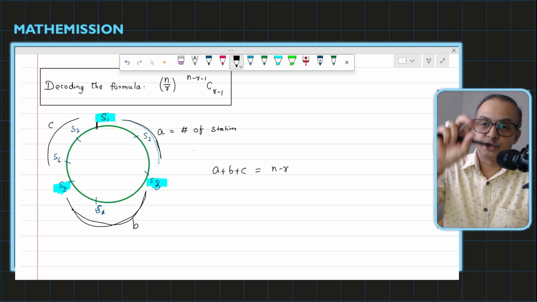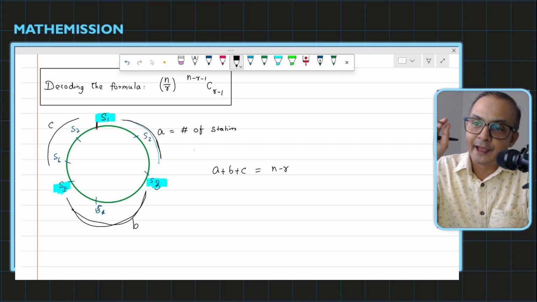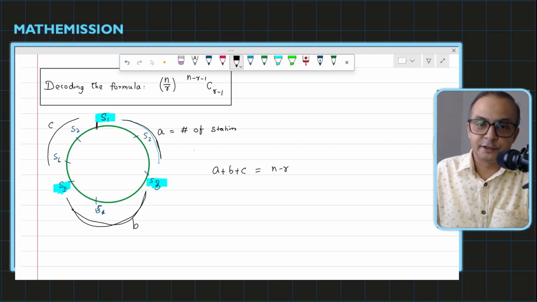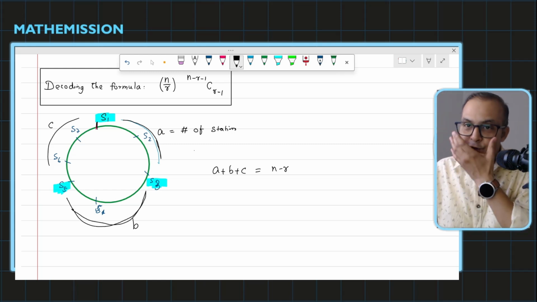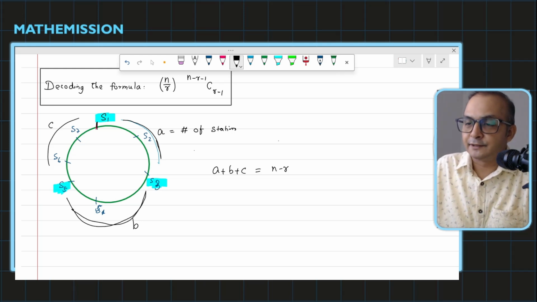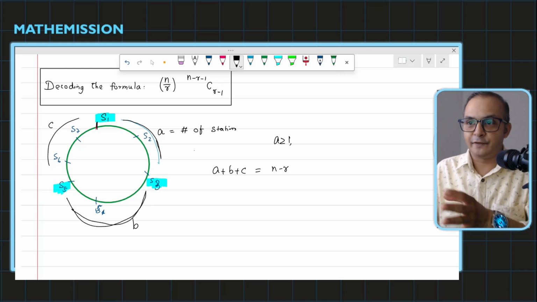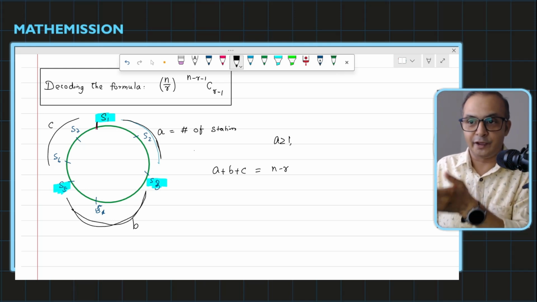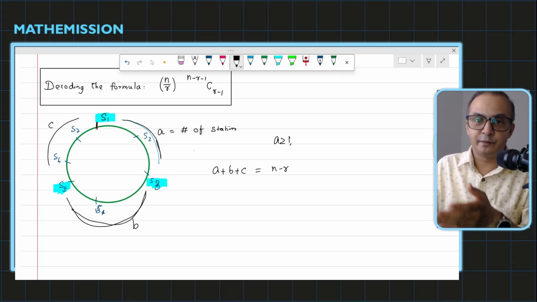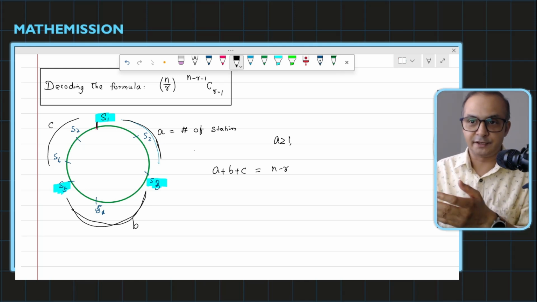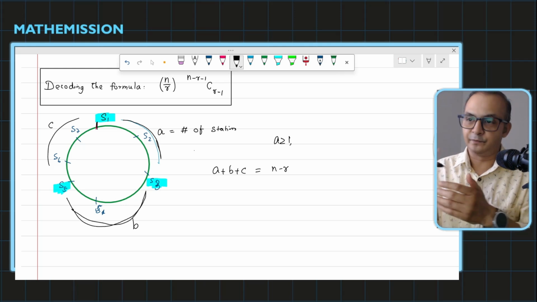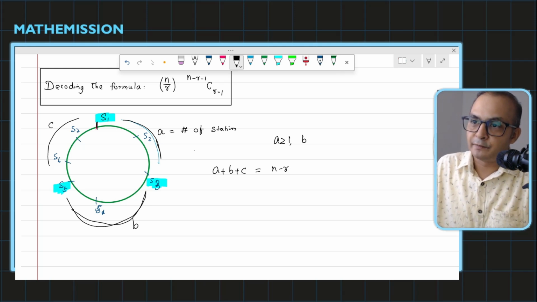So for the choice of your stoppages, I must have A plus B plus C equal to n minus r. And A should be greater than or equal to 1, because if A, B, C were 0, there would never be any stations between two choices of stoppages, and that would become consecutive. So A must be at least 1, B must be at least 1, and C must be at least 1.